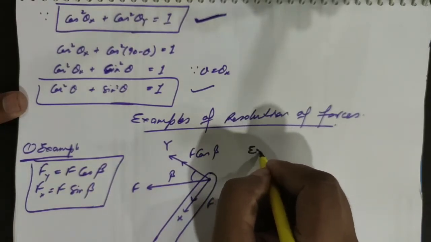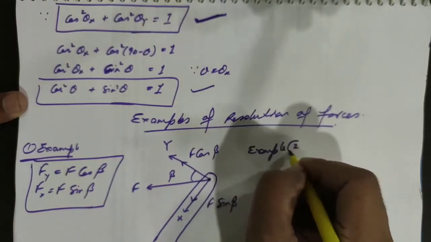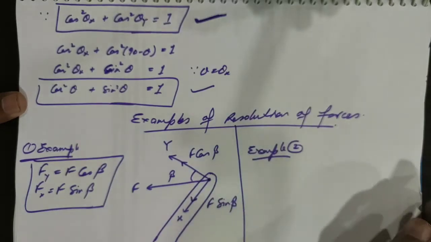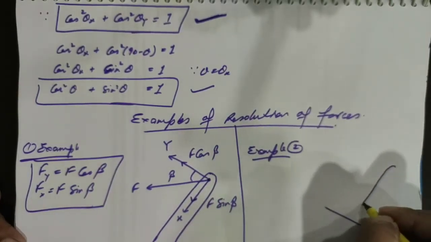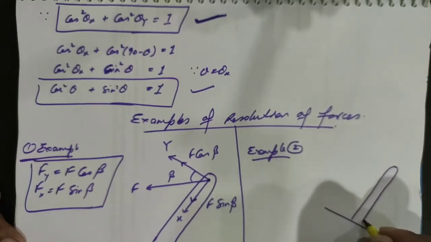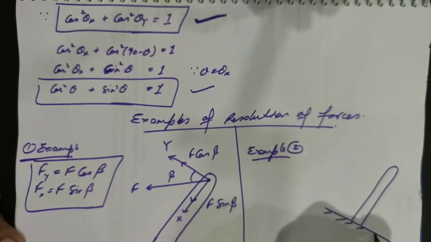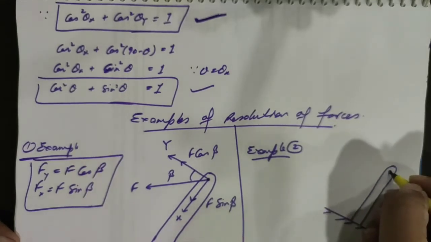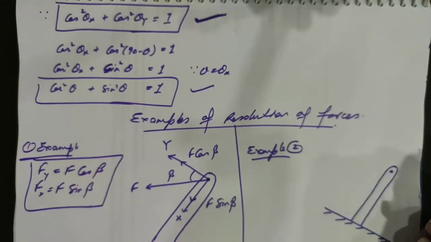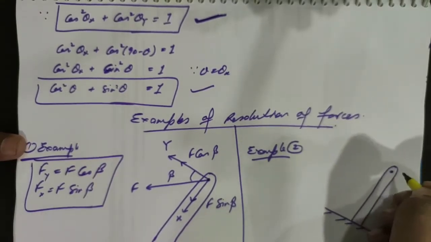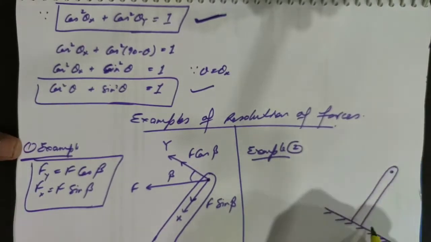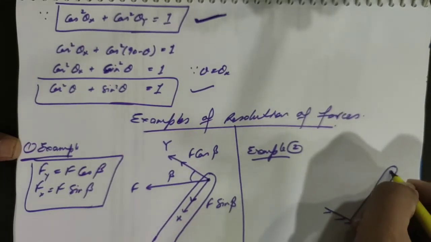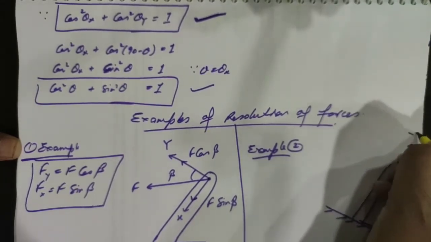We are taking Example 2. Here we have a base like this, with a point on which a force acts. We take the x-axis in this direction and the y-axis in this direction.